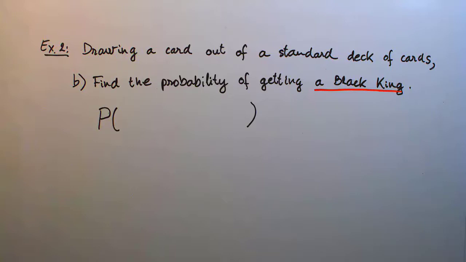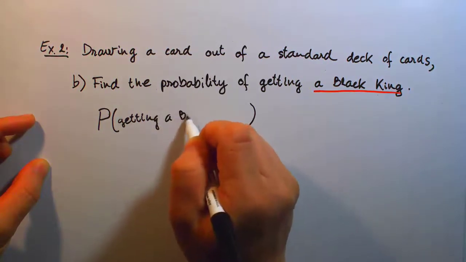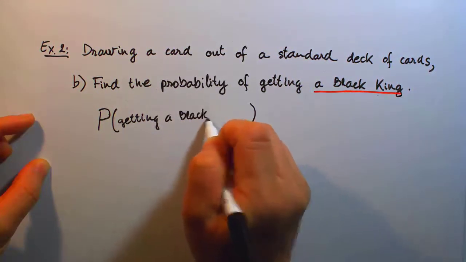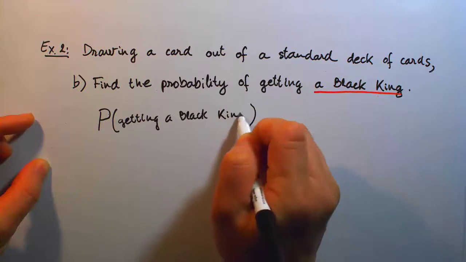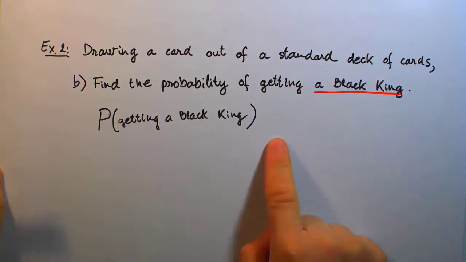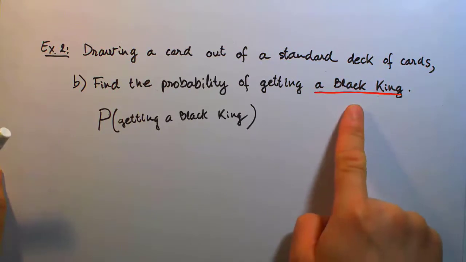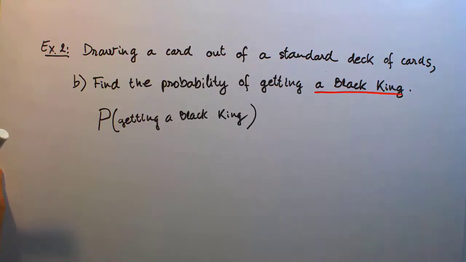I want to be getting a black king. Finding the answer to this question is still very simple, but I'm not mainly aiming at the answer here. What I aim for is to clearly understand the event being involved.